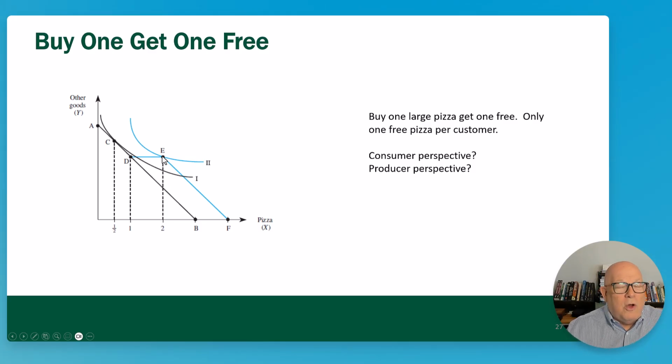Now we could have just thought through that and said, okay, that makes sense without drawing the graph. But the graph helps you understand the underlying mathematics that's going on behind the scenes in someone's head that's going to induce them to buy 2 large pizzas effectively for the price of one when they only really wanted a small pizza. So we're affecting their behavior.